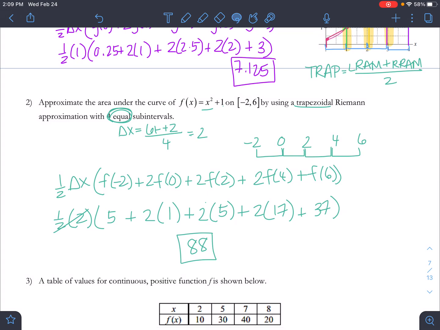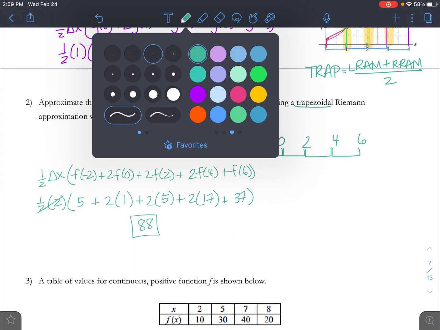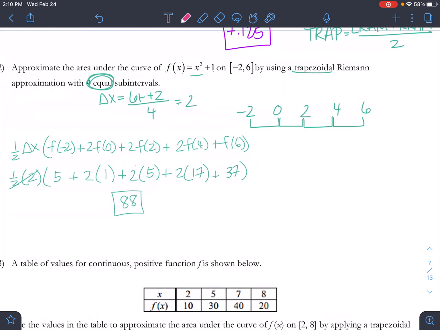Again, your other option, if you didn't want to do this, just want to clarify, and actually we're going to do that right here. You'll notice 2 to 5 is not the same as 5 to 7. So we'll talk about what if we don't have equal subintervals. No matter what, you could always do this. 1/2 delta x, f of -2 plus f of 0. Close the parentheses.